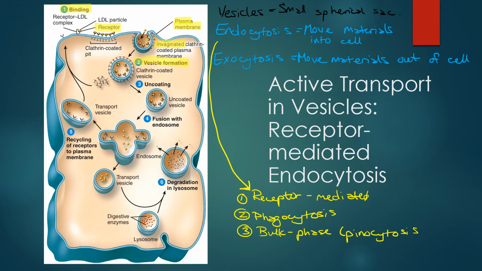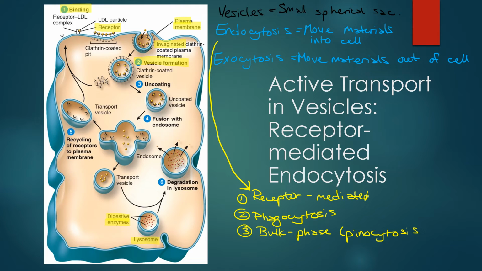The vesicle with the materials inside it is going to fuse with a lysosome. Lysosomes are other vesicle types within the cell that contain digestive enzymes. These digestive enzymes will digest and break down anything that they come into contact with.